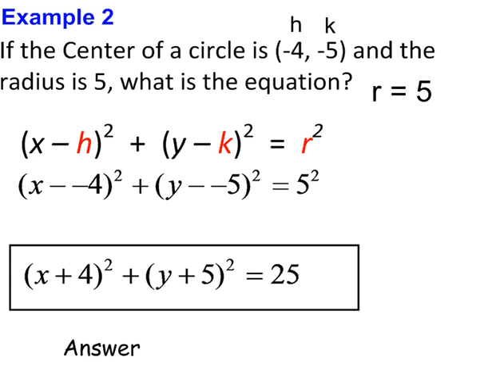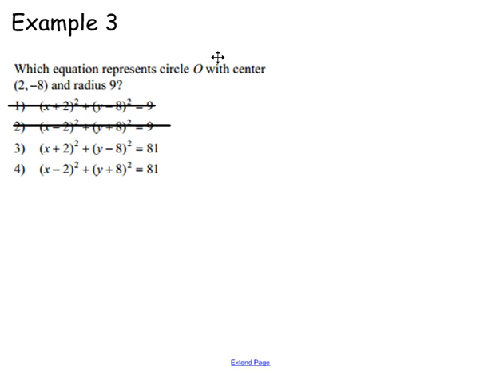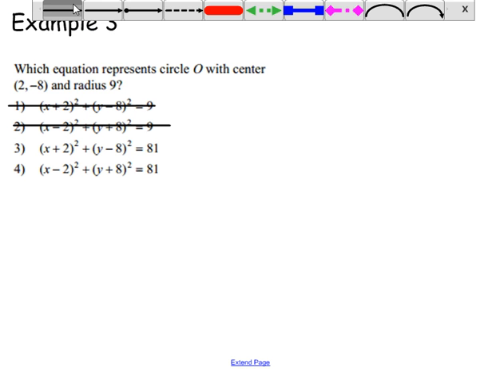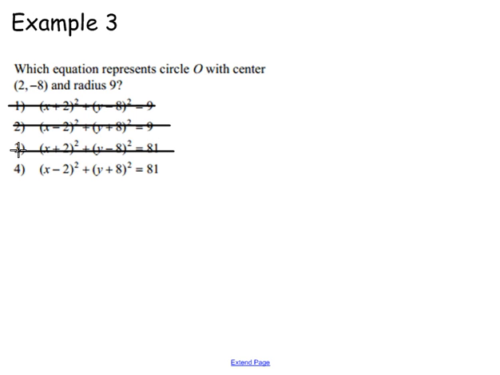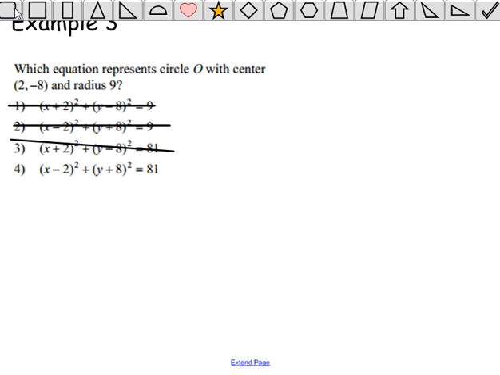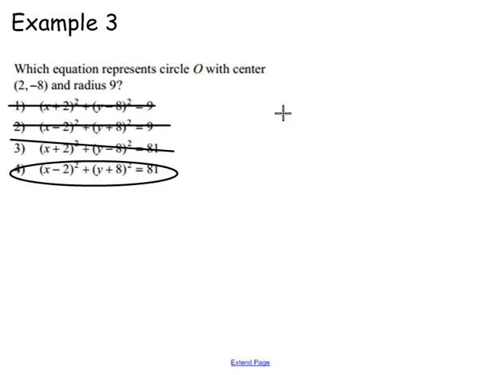So we know those signs should change. So we know that the answer cannot be choice 3 because the signs of h and k do not change. So we are left with our answer, which is choice 4. Choice 4 is the correct answer for example 3.